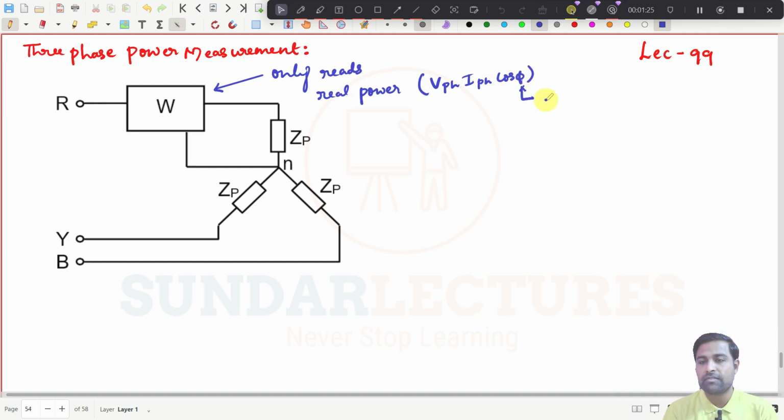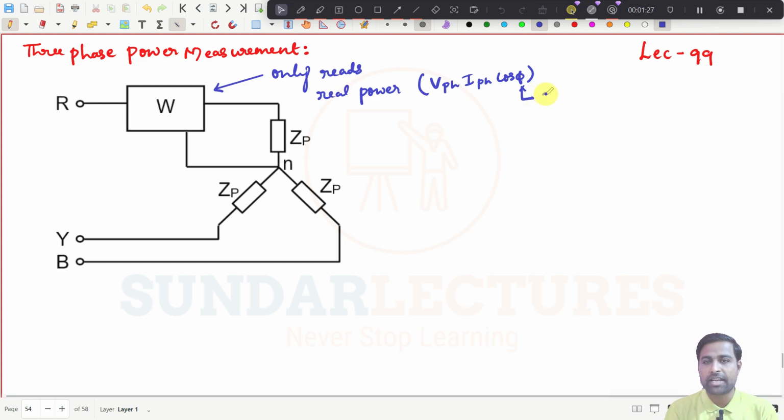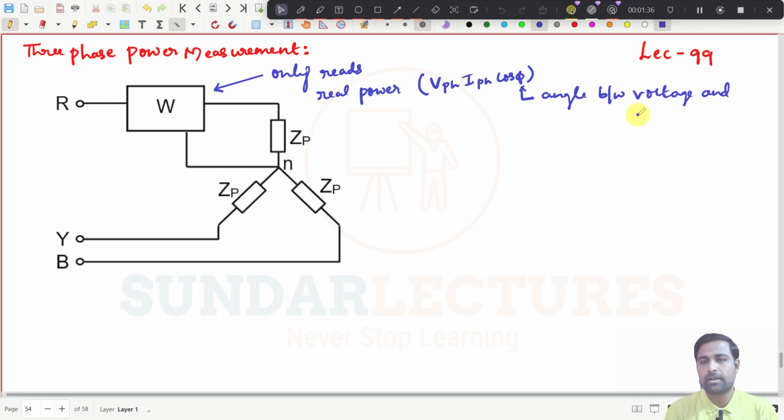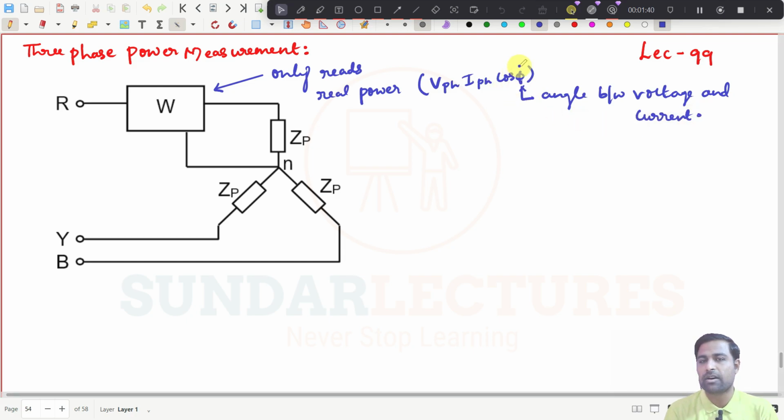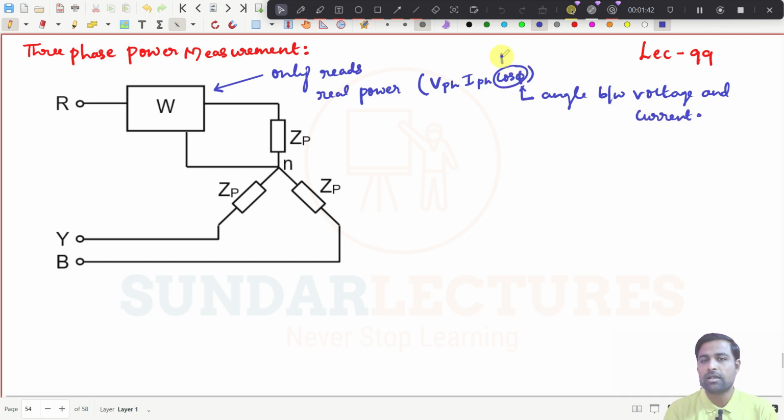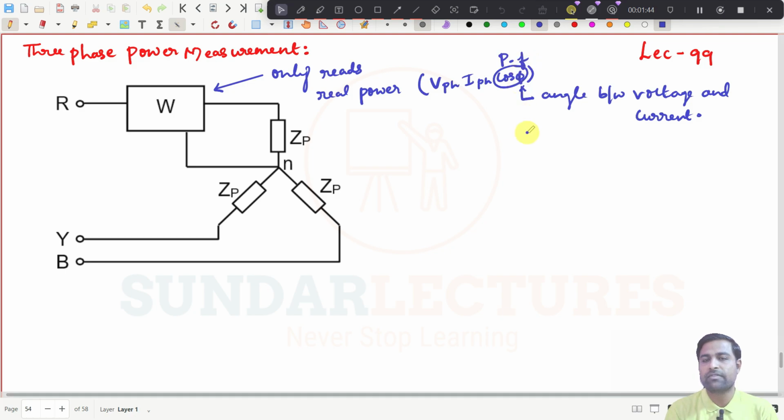And what is this phi? This phi we generally call the angle between voltage and current, or the power factor angle. This one we generally call the power factor angle.